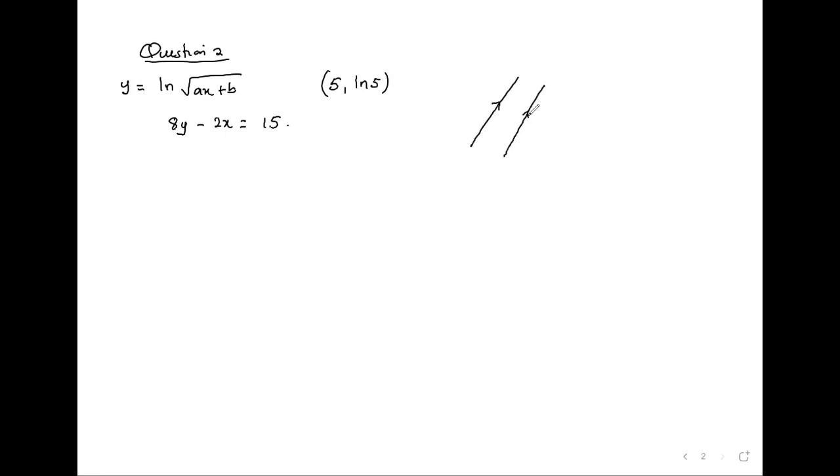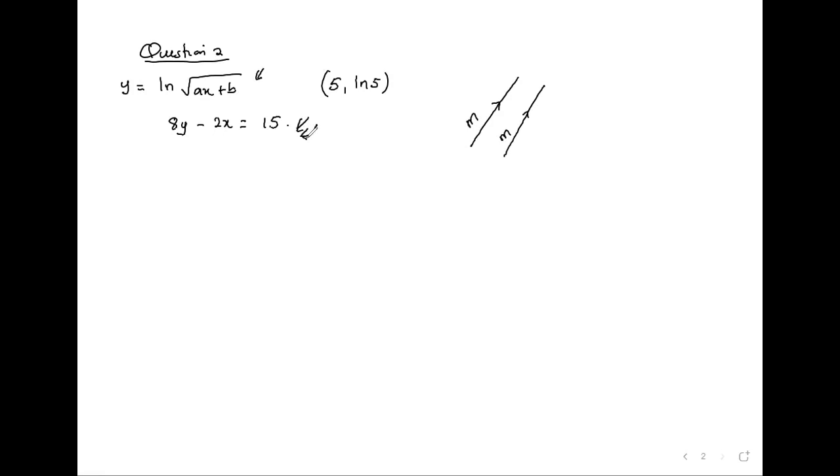Because if the slope is different, then one day, no matter how long it takes, they will meet. But when the slope is the same, they will never meet. This means the gradient of the tangent line is the same as the gradient of this line.